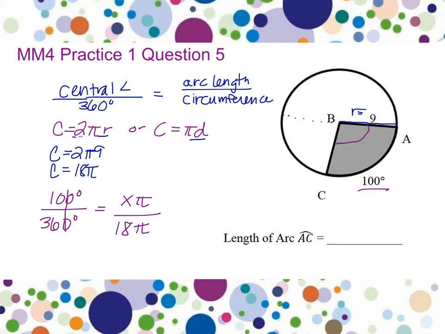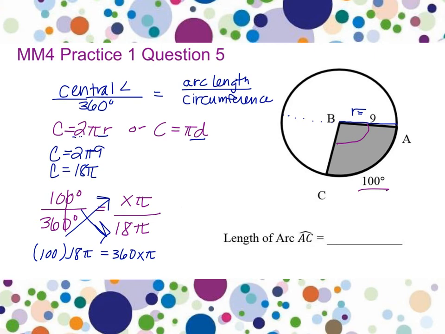But we're going to cross multiply, and I'm going to cross multiply with the original 100 and 360 degrees just for this example. So my cross products end up being 100 times 18 pi is equal to 360 times x pi.